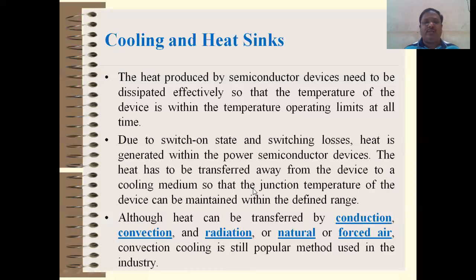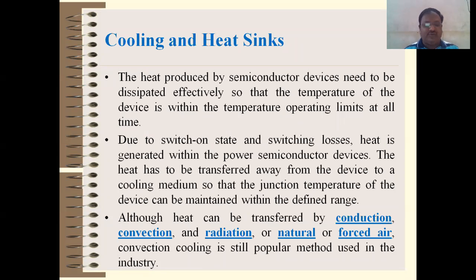The heat has to be transferred away from the device to the cooling medium so that the junction temperature of the device can be maintained within the defined range. So it is required to dissipate the heavy temperature generated inside the device.